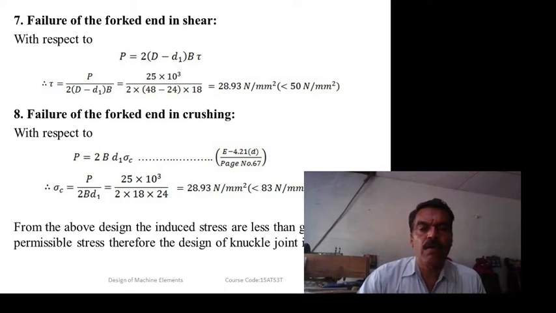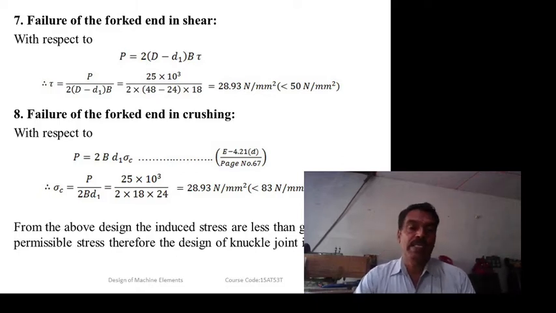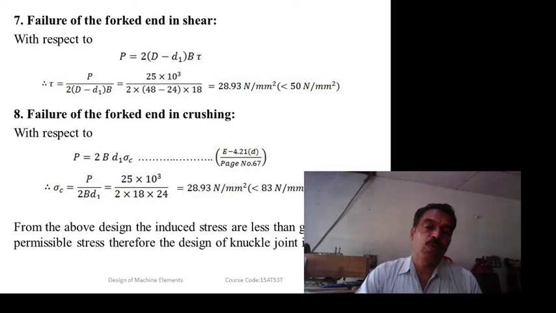Hence all the induced stresses are less than the given permissible stresses. Therefore the design of the knuckle joint is safe. If the induced shear stress, induced tensile stress and induced crushing stress become more than the given permissible value, then what is the procedure?